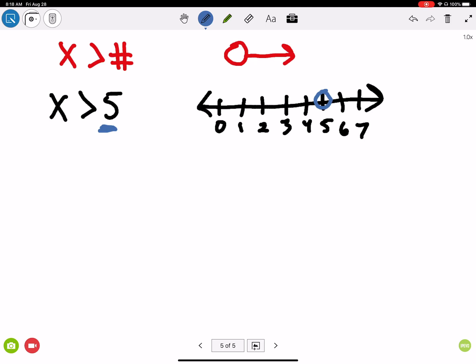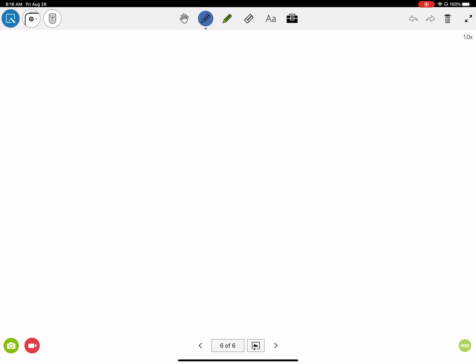And since x has to be everything greater than 5, I'm going to go to the right because that's where all the numbers greater than 5 are. 6, 7, 8, 20, 50, 1,000, a million. Okay, and this arrow right here tells me that this line is going to go on forever. So everything to the right of 5 is a possible solution, which it is. So that's 2 of my 4 inequalities.